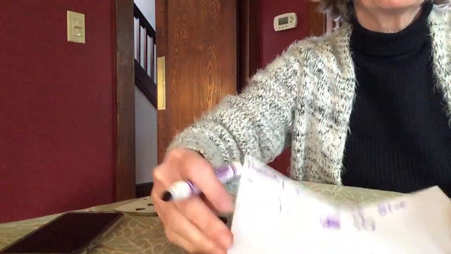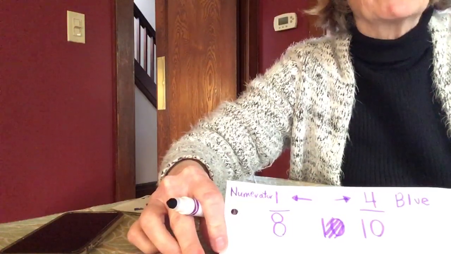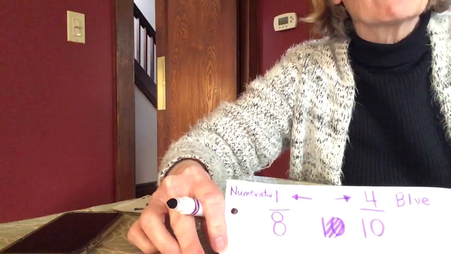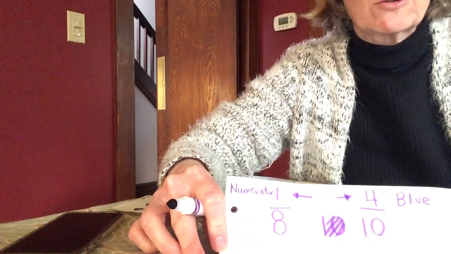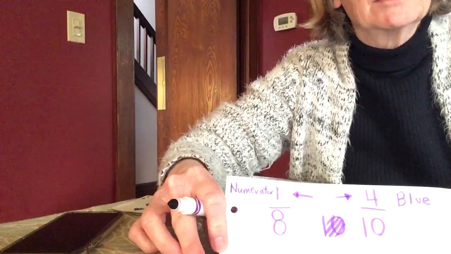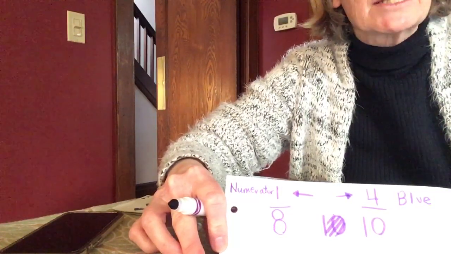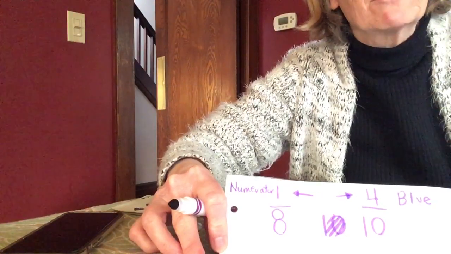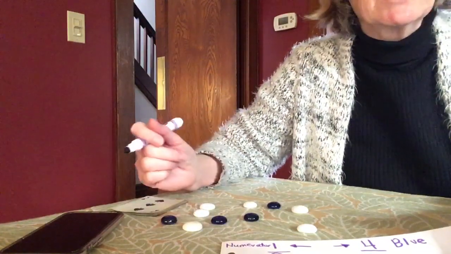Okay, that's the numerator. That's the top number. It's the part of the fraction that tells you what you're counting that's special in the group. What's the number on the bottom called? It's the number of pieces the set is broken into or divided into. This set has got 10 pieces in it.